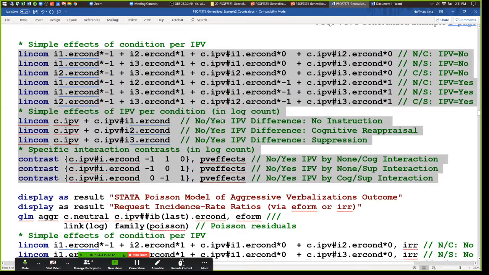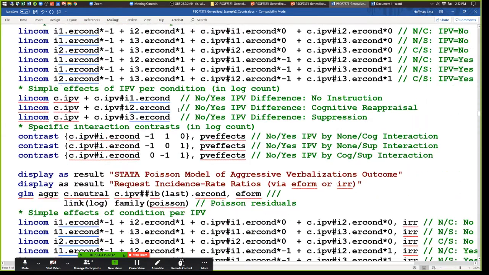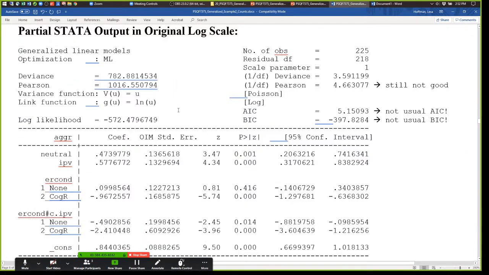To change the model, here it is. Link log, Poisson residuals. There's also, instead of a GLM, a Poisson version that you can go to directly in Stata. It doesn't provide the Pearson chi-square fit statistic though. So here's some Stata output.